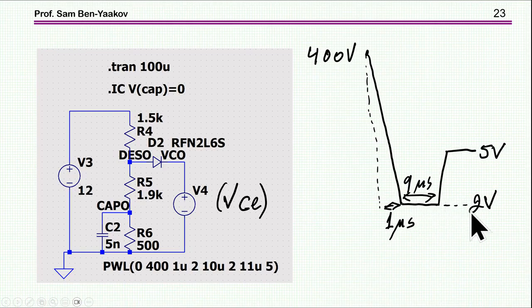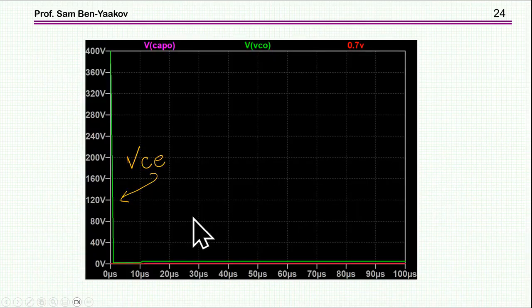So 2 volt is okay, and then at this point it will go to a higher voltage just to emulate the case in which you have, in the middle of the on-time, high current, which will cause a high voltage across the transistor. So here it is. This is now the voltage source that emulates the transistor.